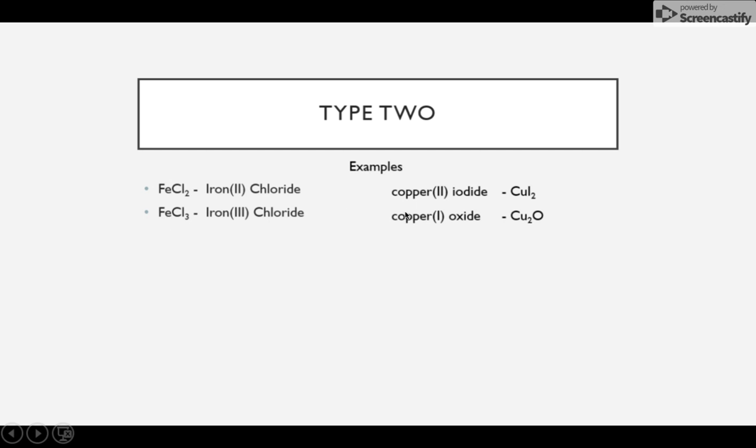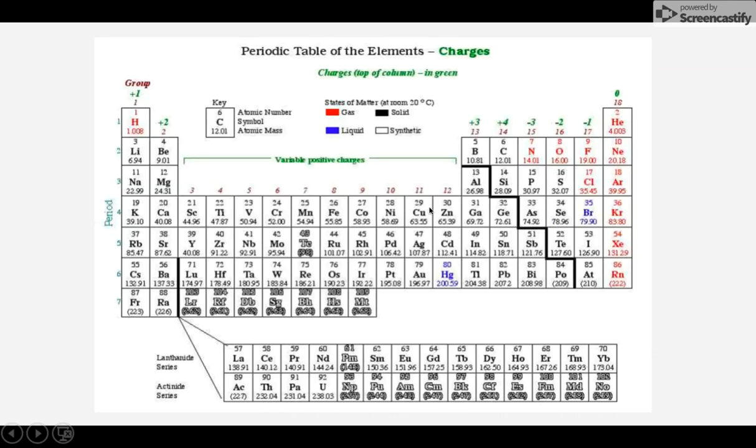And then I chose two more that use copper because it's also a common one. You have copper(II) iodide with the IDE ending, and then copper(I) oxide right here. See, copper is right here, and iron is right here, with the variable charges.